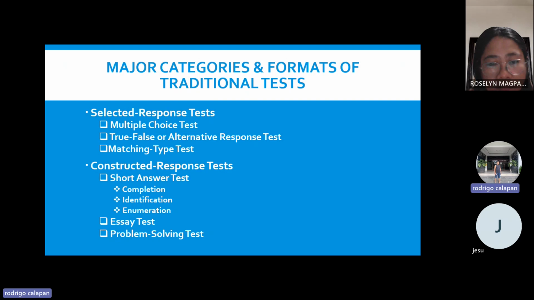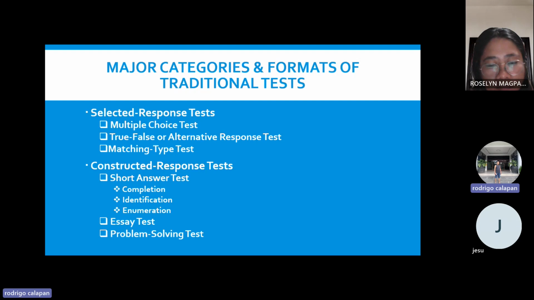And this includes the completion type, which consists of an incomplete statement that requires students to fill in the blanks with a correct word or phrase. And then identification, which consists of a statement that requires the learners to identify or recall the terms, concepts, people, places, events, and dates that are being described. And enumeration.